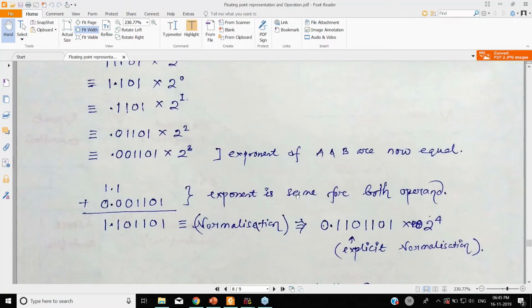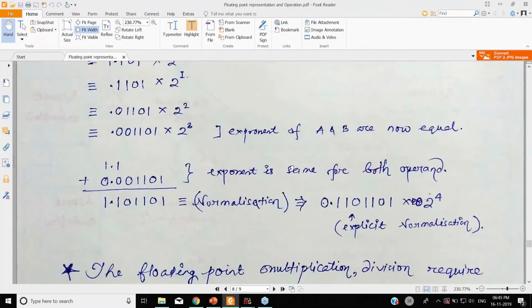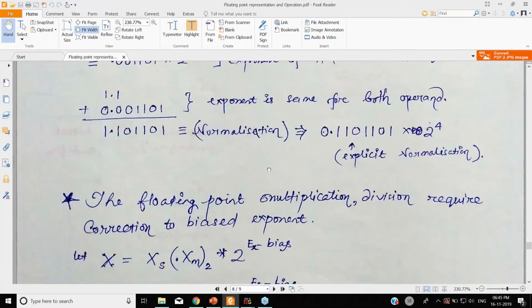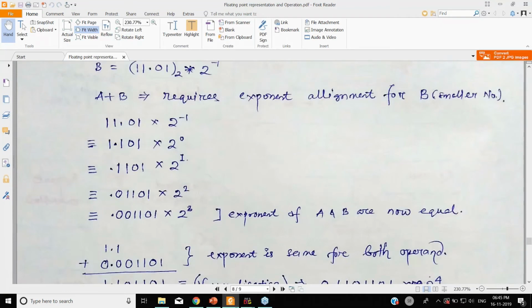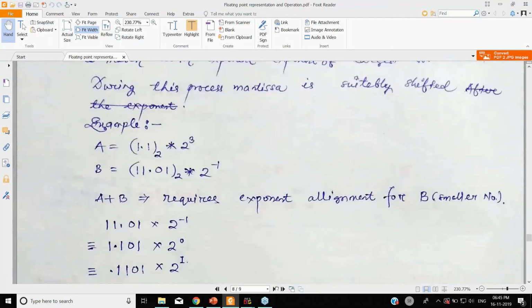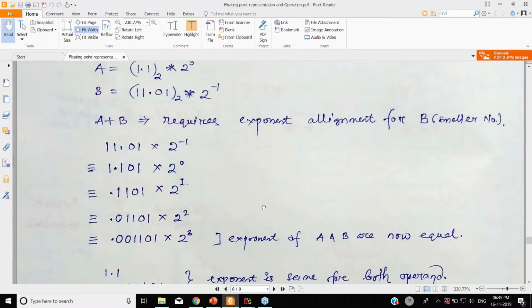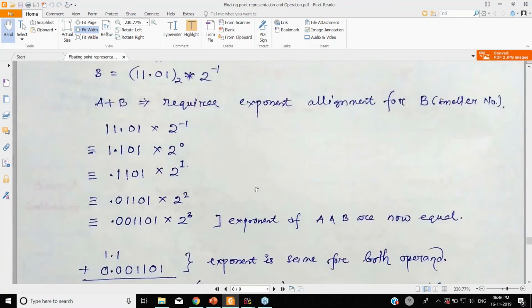After doing alignment, you can use these two numbers. For the addition case, you need to align these two exponents. Then only we can add.